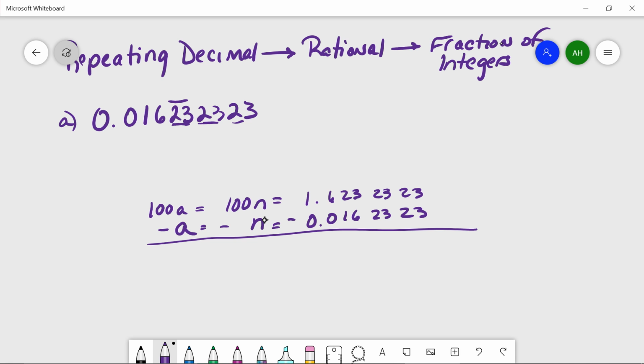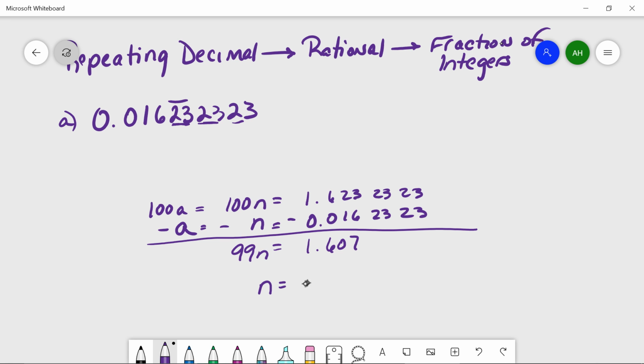When I do 100n minus n, I'm going to get 99n. Over here, I subtract these and get 1.607, the 1.62323 minus the 0.0162323. So now we're going to solve for n.